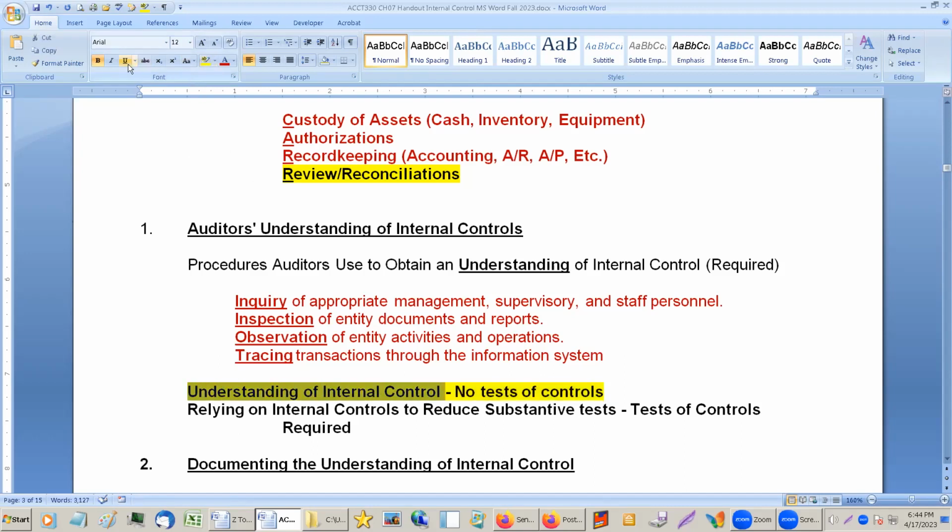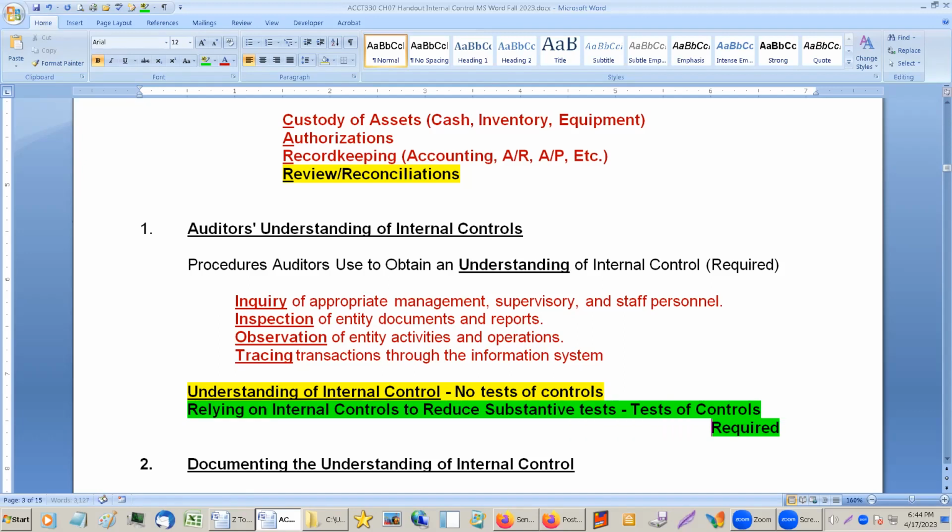So if you're just getting an understanding of controls, you don't need to test them. If you're relying on internal controls, then you do. So if you're relying on internal controls to reduce your substantive testing, then you must do tests of controls. So in understanding, no test. Relying, then tests of controls are required.